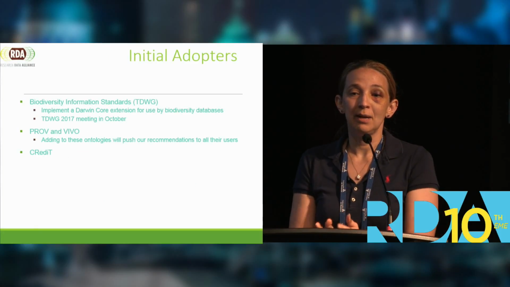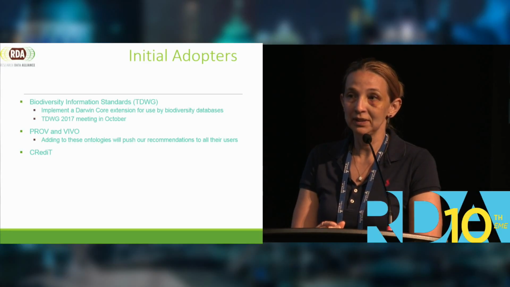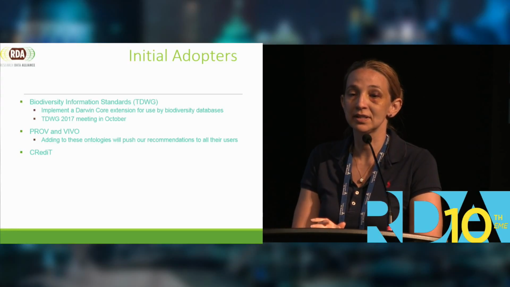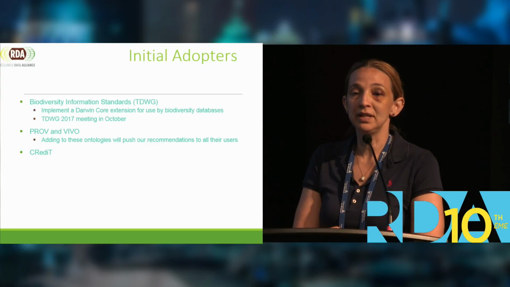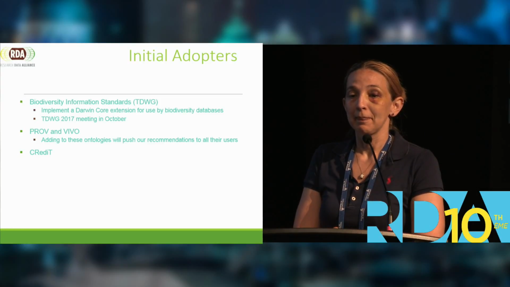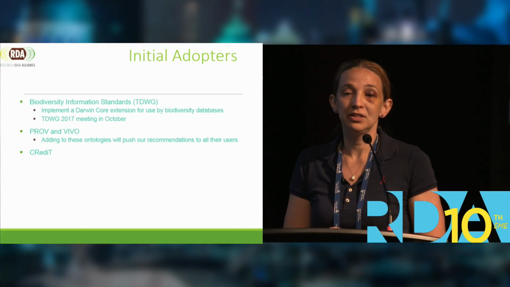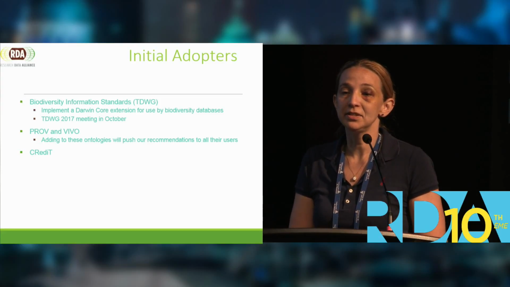So the initial adopters, of course, is TDWG. We would like to start the process of perhaps implementing some sort of a Darwin Core extension. Again, the meeting is in 2 weeks. We are also adding to existing ontologies, PROV and VIVO, and these ontologies have their own users across disciplines.